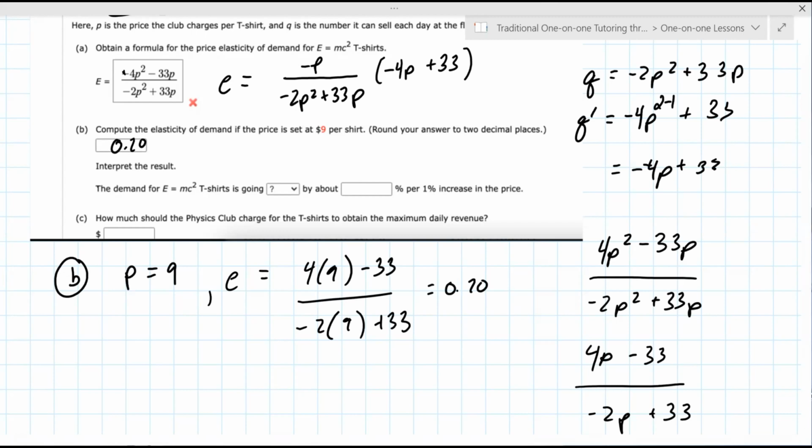This one is always a little bit confusing. The demand is going, I want to say it's going up by, it's usually this number goes here. But I think there was always some confusion about whether this is up or down. And I think it depends on where E equals 1 on the graph. This is one of those finer points.